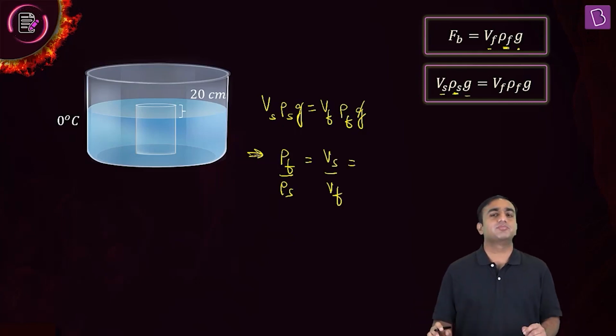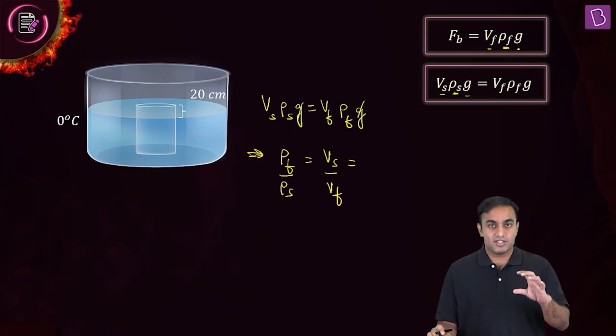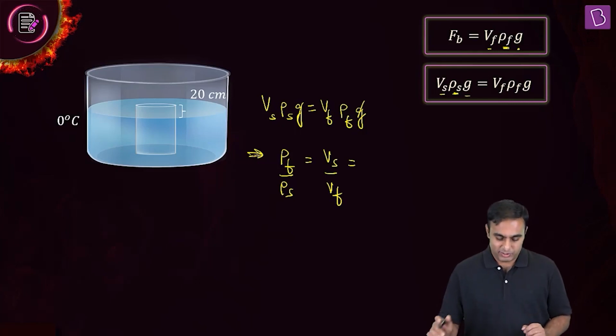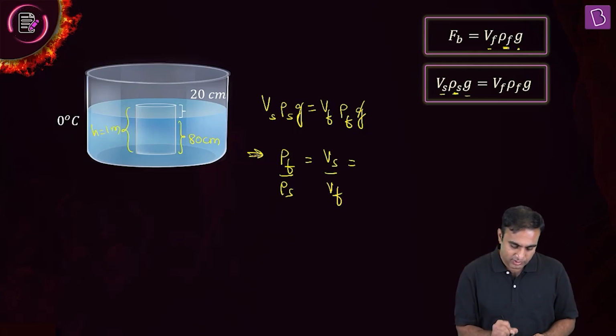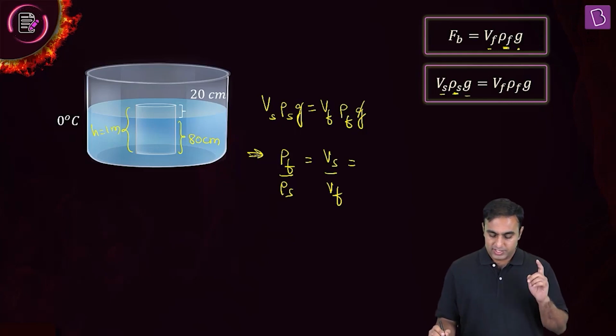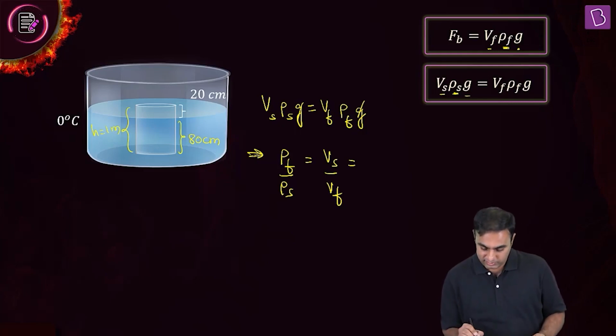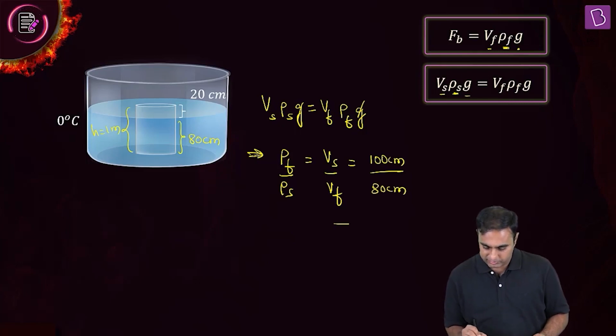Now, what is Vs? The total volume of the cylinder. Vf is the volume of the cylinder inside the water. Do you see that if this is 20 centimeter, this is 80 centimeter, and the total height of the cylinder is 1 meter. So, the ratio of Vs to Vf turns out to be simply 1 meter, or you can write it as 100 centimeter divided by 80 centimeter.